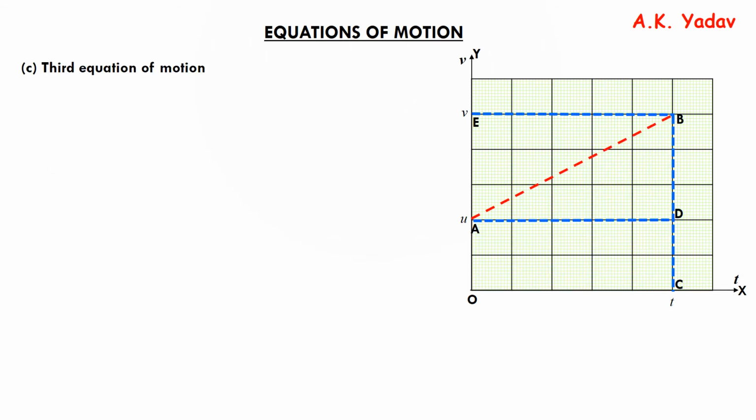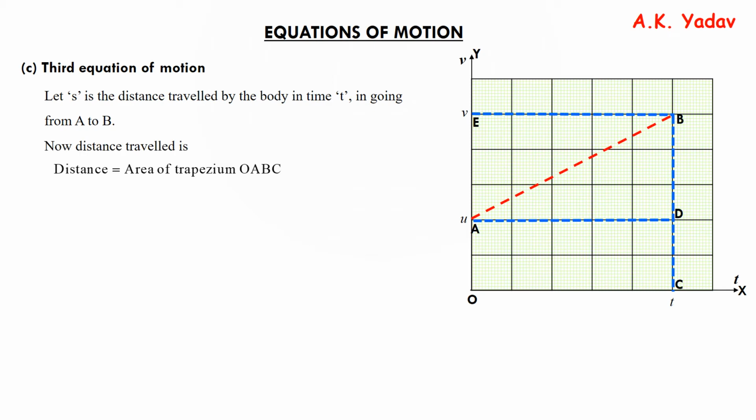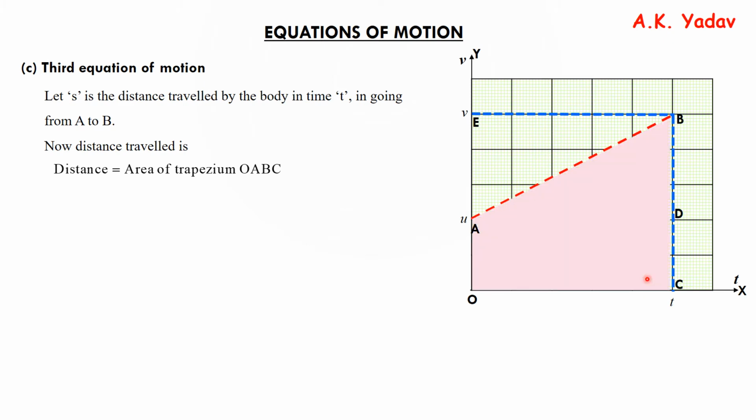Let us move to the third equation of motion. Now as we know, the distance s traveled by the body in time t is equal to the area of this figure OABC, which is a trapezium. This is the trapezium, the shaded one. Now the area of a trapezium is half into the sum of parallel sides into height.